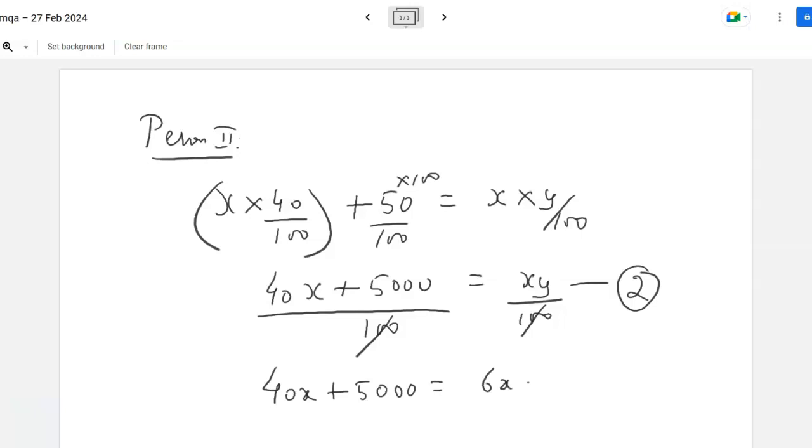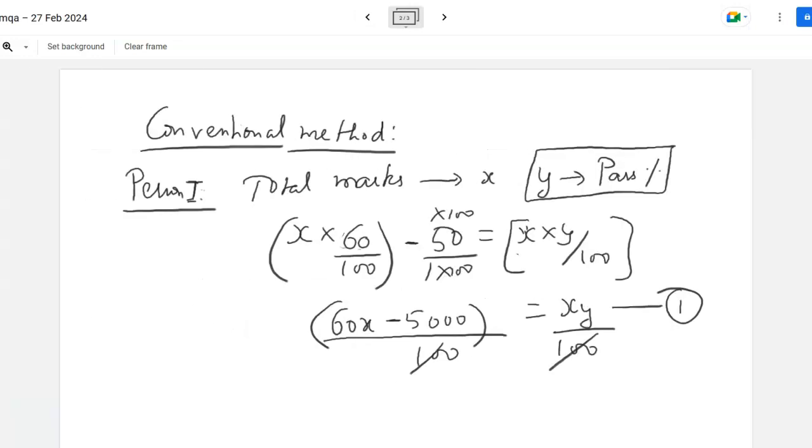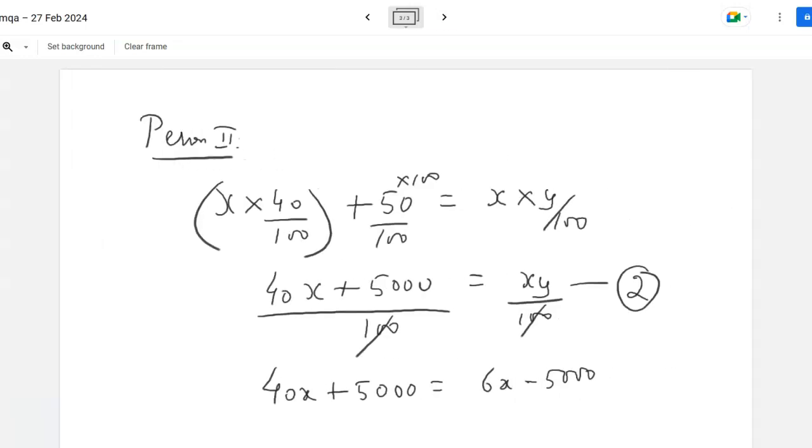Sorry, this is 60x minus 5000. So bringing this here, minus 20x equals minus 10,000.